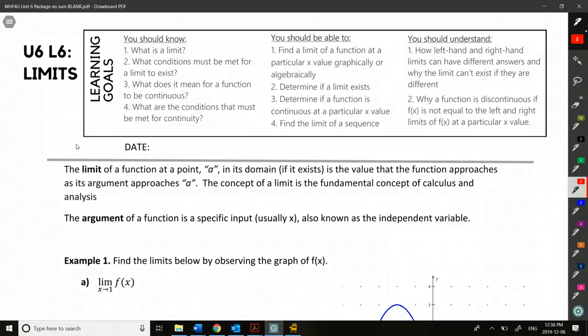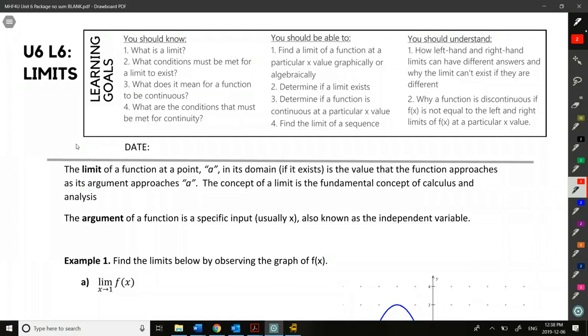Usually when we look at a function, the argument is the x value. So what does this say in regular language? I want to know what the function approaches, or what the y value approaches, as the argument, or the x value, approaches a particular number or value in the actual domain of that function.